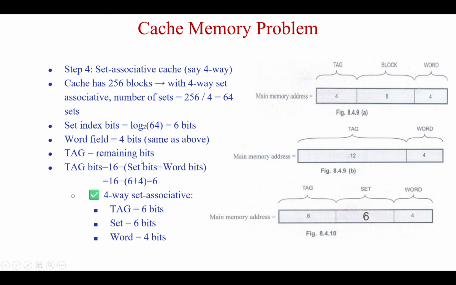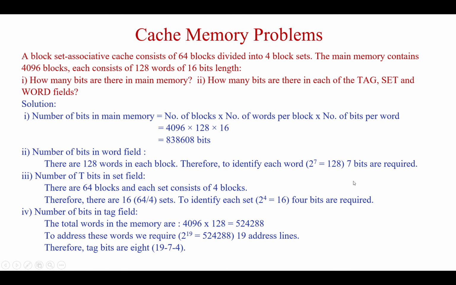The tag is the remaining bits: 16 total minus set bits 6 minus word 4, so there are 6 tag bits. So since we are mapping a 4-way set associative, the tag is 6 bits, set is 6 bits, and word is 4 bits, which is represented in this diagram.